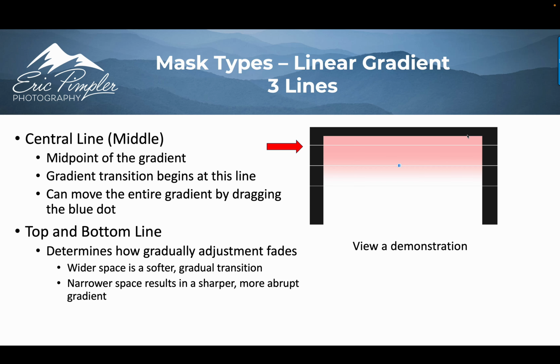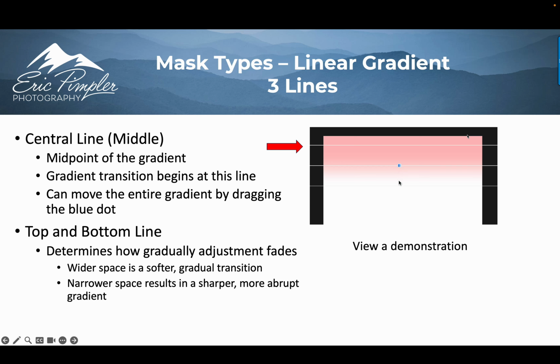So we'll talk more about those three lines. You're going to have the central line, which is the line in the middle. You'll notice it has a blue square. That's the midpoint of the gradient. And so what you'll see is that the mask is applied evenly up until the midpoint of the gradient.